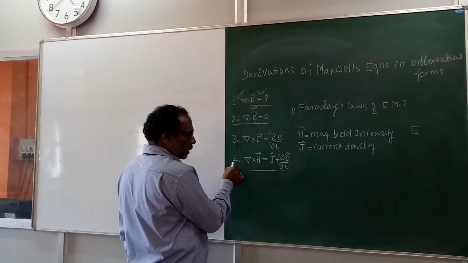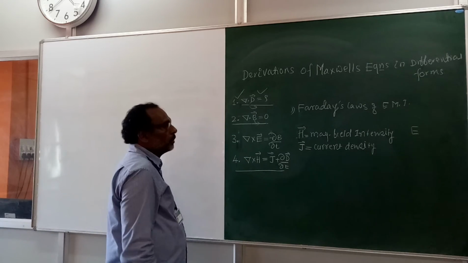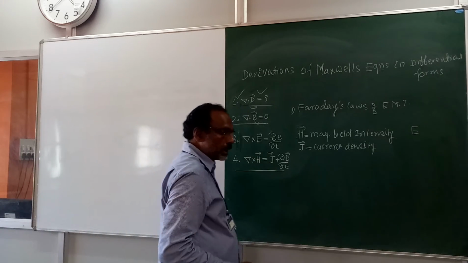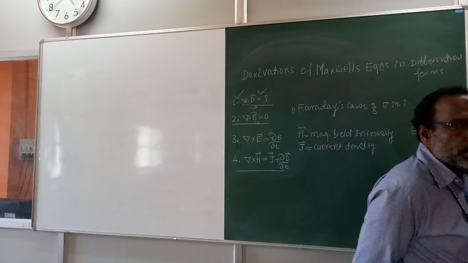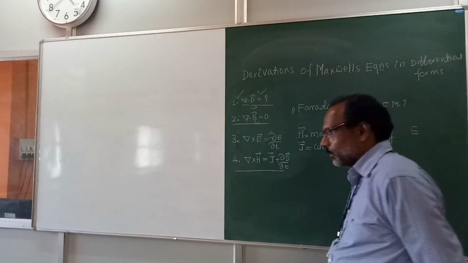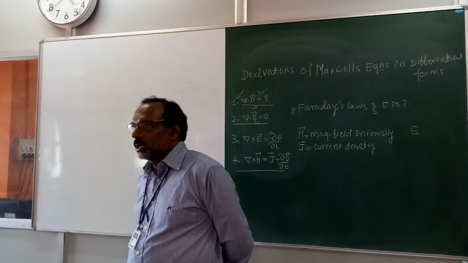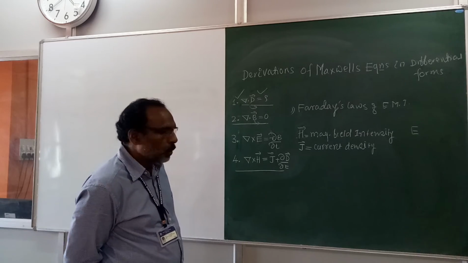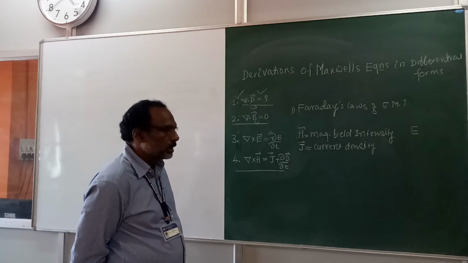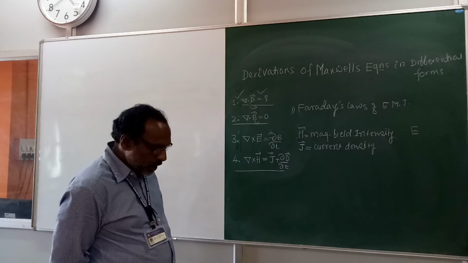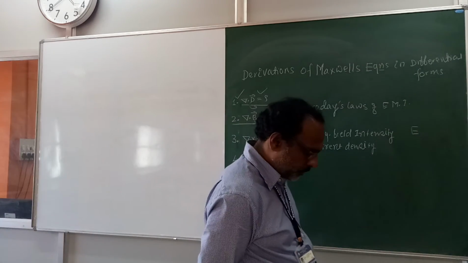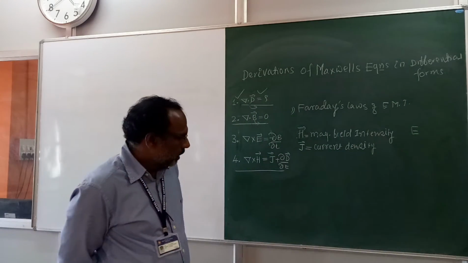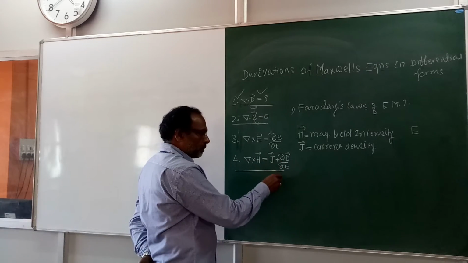The fourth of Maxwell's equations is a result of Maxwell modifying Ampere's circuital law. Basically, Ampere's circuital law is applicable only for steady current. For a changing electric field which gives a changing magnetic field, it was not applicable.